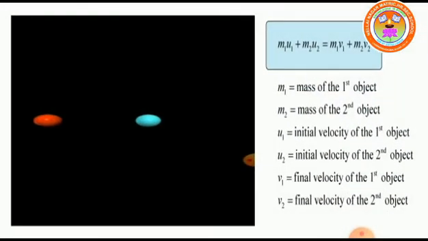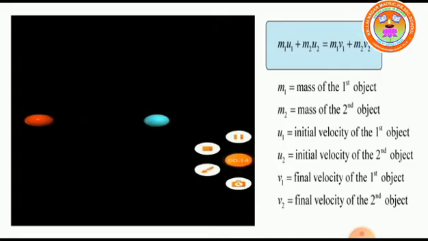Let the velocity of the first body be higher than that of the second body, that is u1 is greater than u2. During interval of time t seconds, they tend to have a collision. After the impact both of them move along the same straight line with the velocity v1 and v2 respectively.